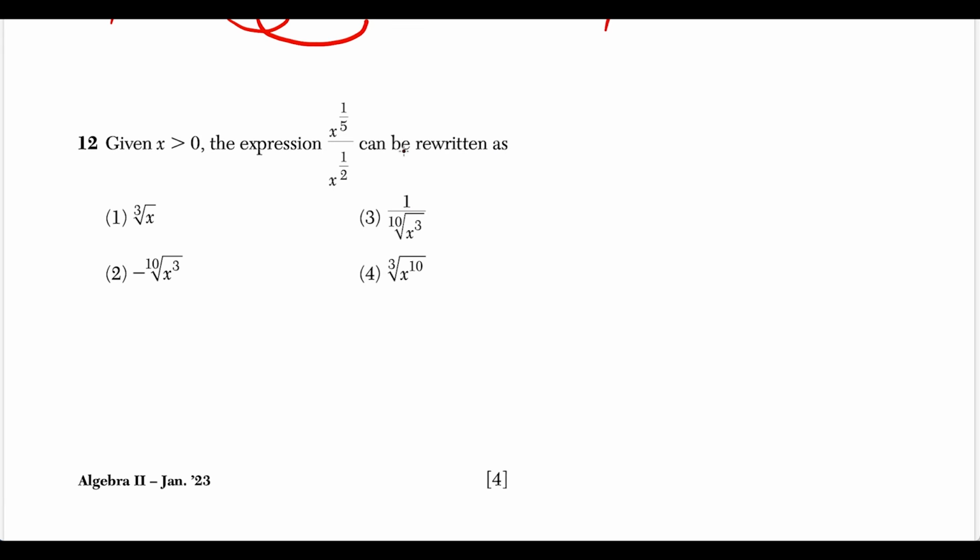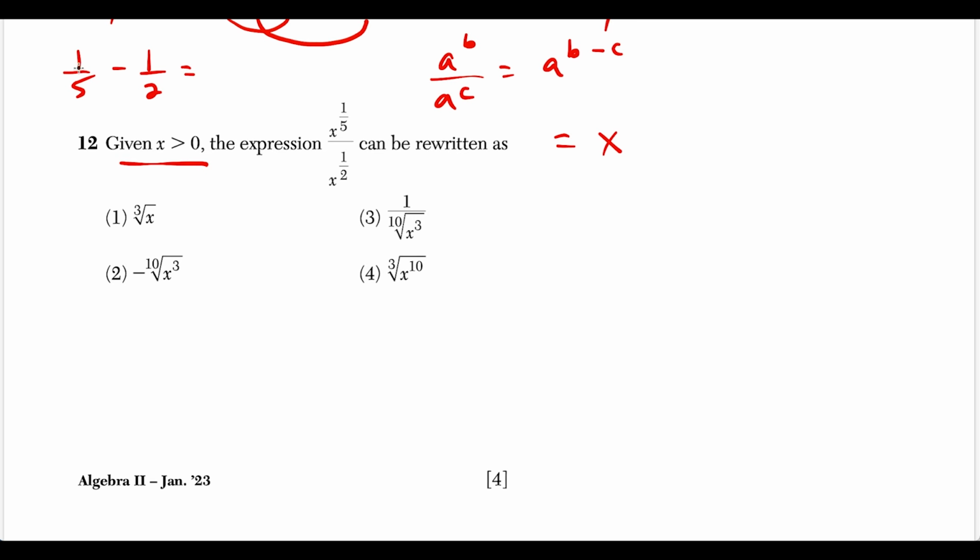So question 12, we have to know our law of exponents, and we're given that x is greater than 0, so we don't have to run into any issues involving absolute value. This is the law of exponents we want to know: when we divide exponents with the same base, we subtract their exponents. So this is equal to x to the, now we're subtracting fractions here. If you really have to, you could go to the calculator and press math, enter.